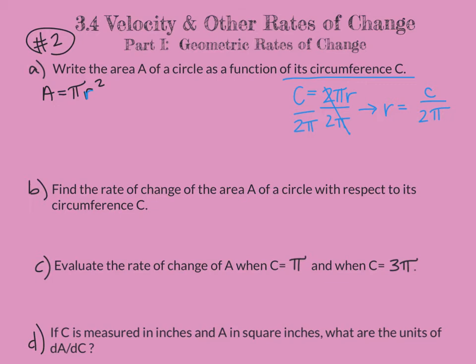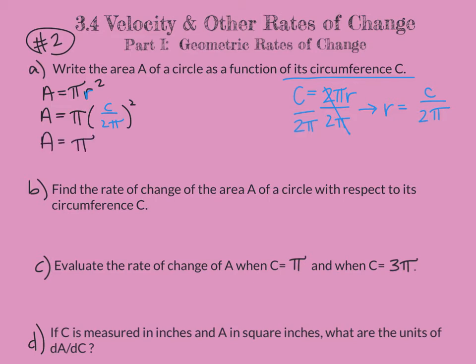So in our next line, what we'll do is just replace r with what it equals, which is c over 2 pi. So we'll write that in there for r, and that's still squared. To square a fraction, we square the numerator and square the denominator.